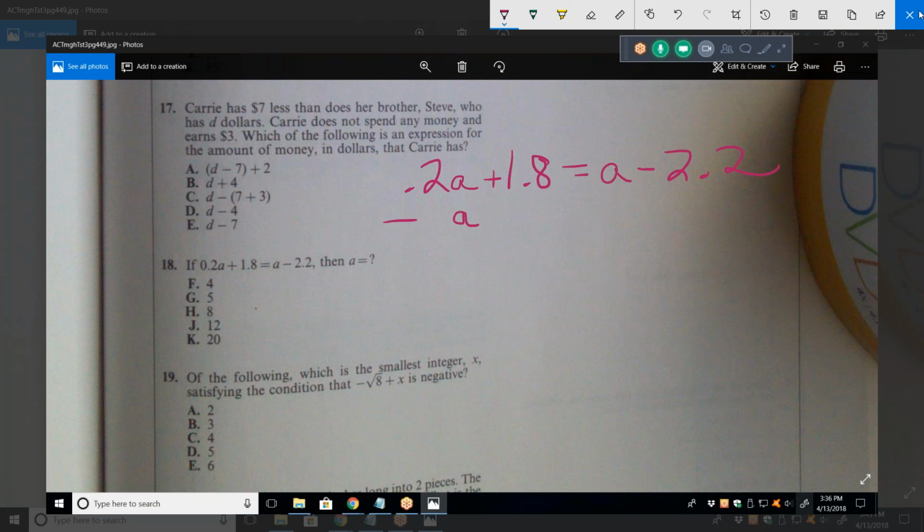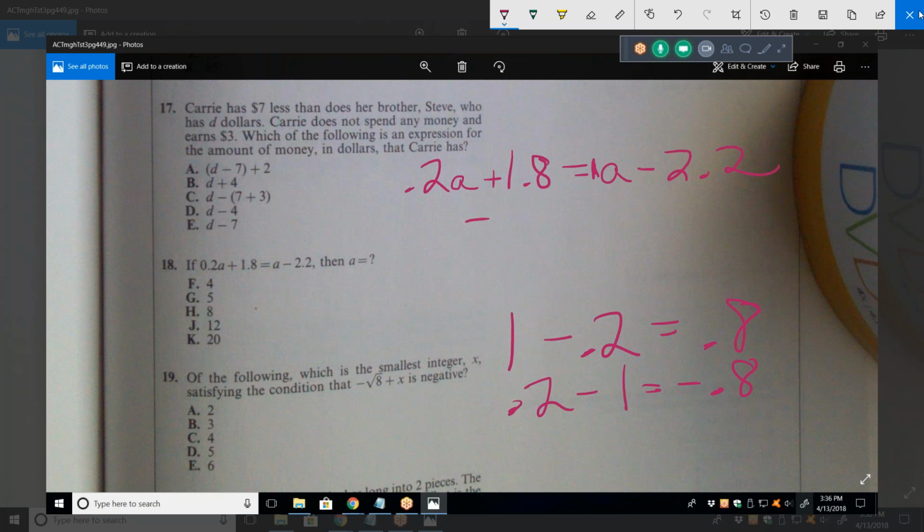What is 1 minus 0.2? 0.8. Well, this is a 1 right there, only I had it on the other side, so the problem was really 0.2 minus 1, which is negative 0.8.